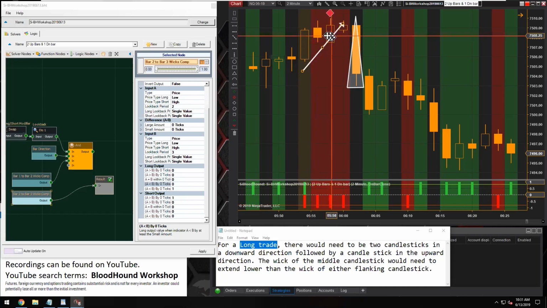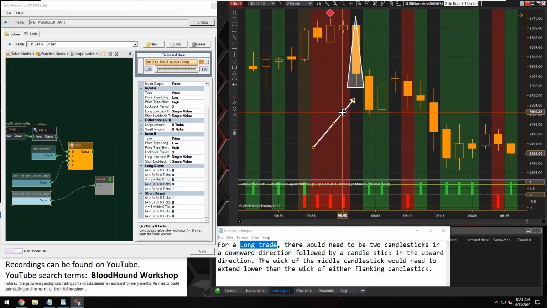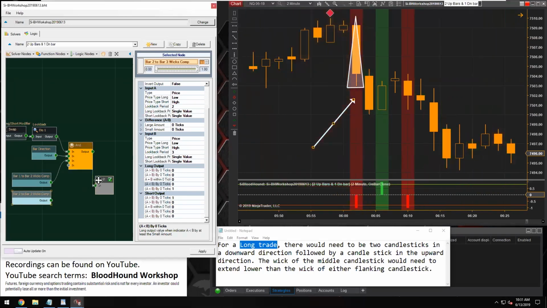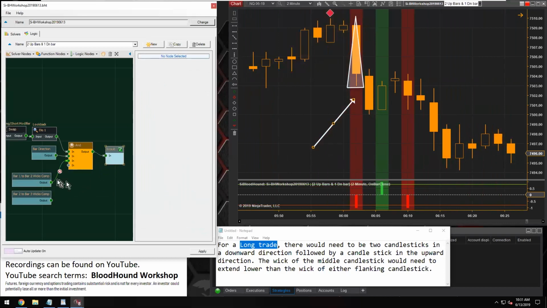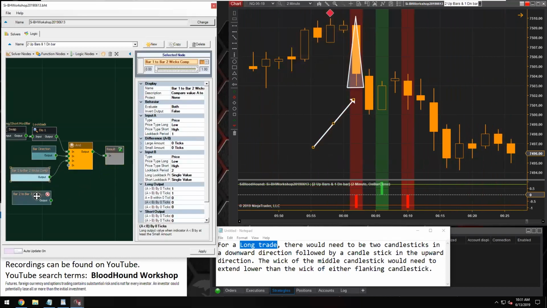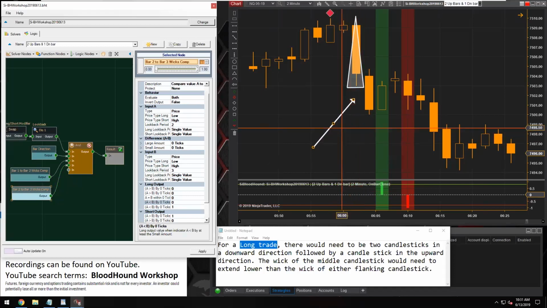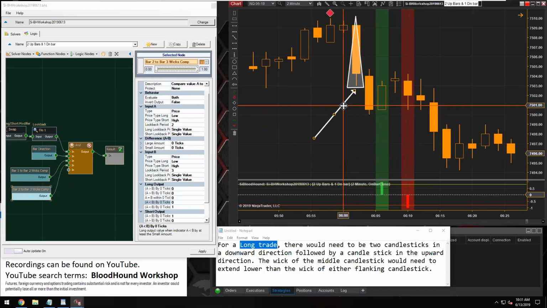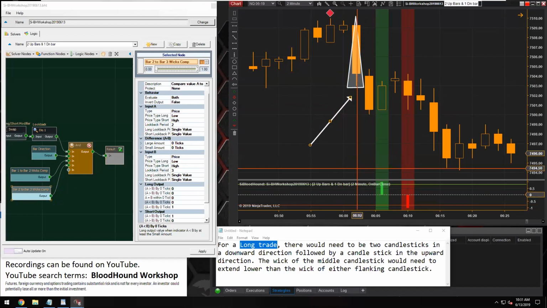The condition that we're looking for is not true, so we should not be getting an output there. If we connect everything up correctly here, and then connect in this one here, there we go. Our signal gets removed. So perfect.